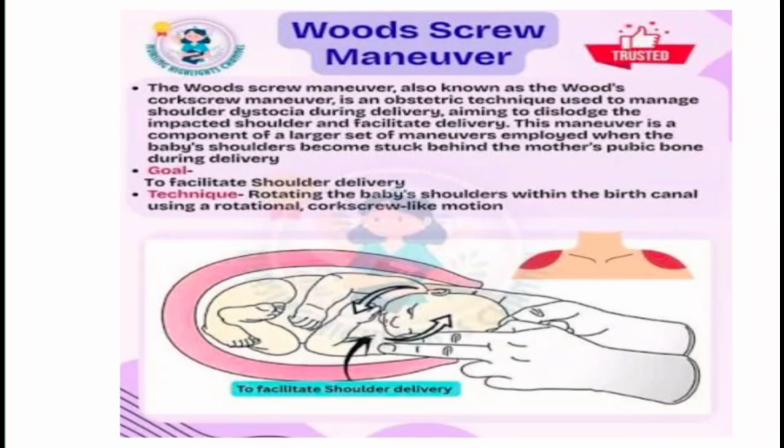The other maneuver is the Wood's screw maneuver, or the Wood's corkscrew maneuver, which is a technique where we rotate the baby's shoulders within the birth canal using a corkscrew-like motion. We're aiming to dislodge the impacted shoulder to facilitate delivery.